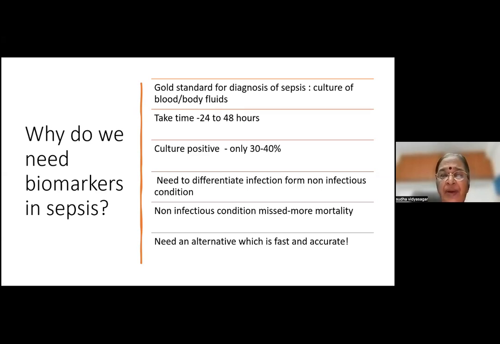Like I said, if you have a pancreatitis and you miss it, you may lose the patient to pancreatitis by thinking that he is septic and giving him some antibiotic and not doing the right thing. So, given that you have to make a diagnosis fast and you have to intervene very fast, and that makes a huge difference to the patient's morbidity and mortality, you need something that will give you a diagnosis very fast. And that is where we thought that biomarkers will step in and make a difference to the diagnosis.